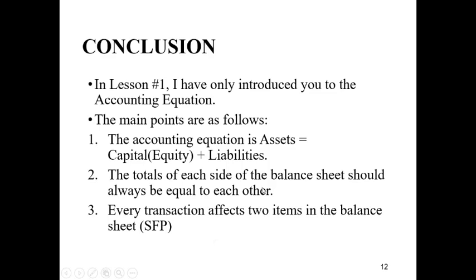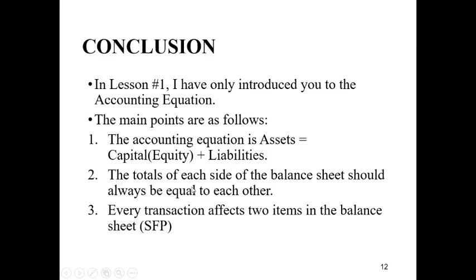In conclusion, this lesson was just about introducing you to the accounting equation. What are the main points? Number one, the accounting equation is assets equals capital or equity plus liabilities.